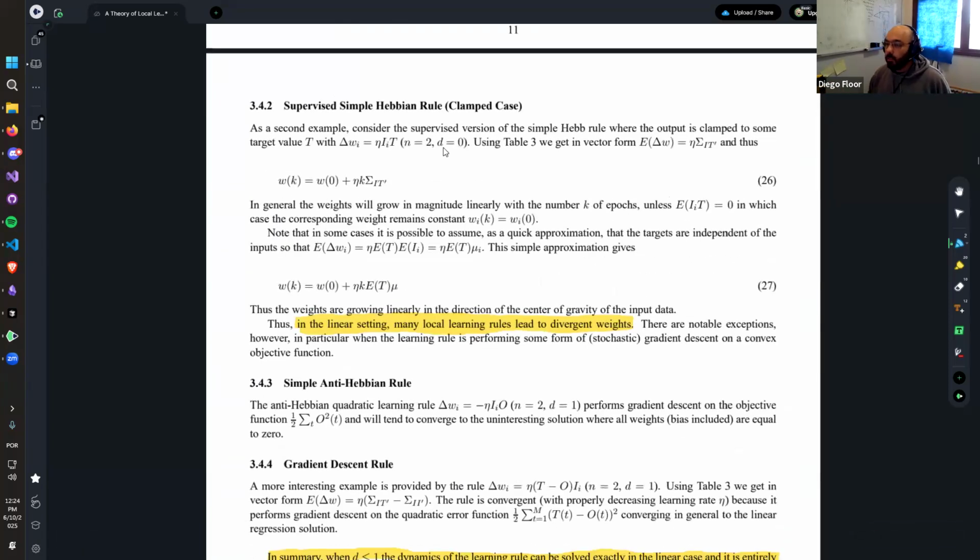Okay, so the hidden rule for the supervised simple rule is that the weights diverge. That's the main result that they got analytically from this, which is also my experience, by the way. They do just explode, but they at least got some equation that actually shows that. Well, hold on. The weights will diverge depending on what kind of loss function you have.